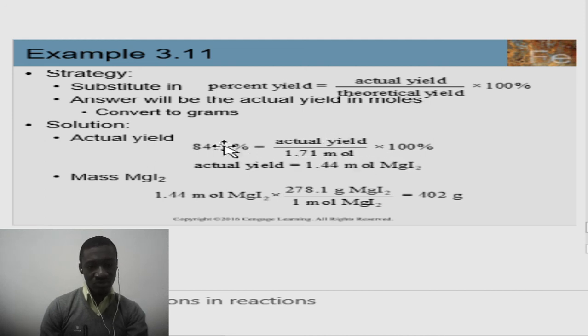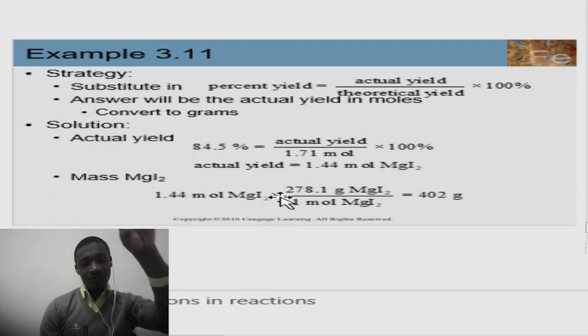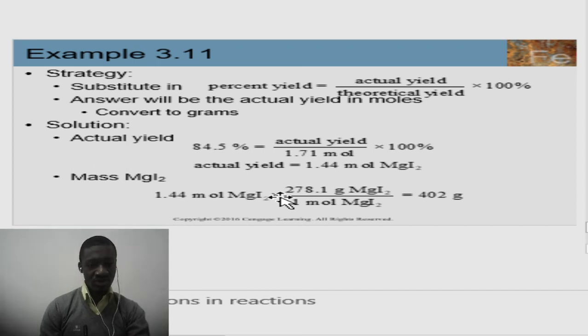We get our value, 1.44. And when we get the 1.44, we just multiply it by the mass of magnesium and 2 moles of iodine added together, which is 278.1, over 1 mole of the same magnesium iodide. Then you multiply that through and you get 402.